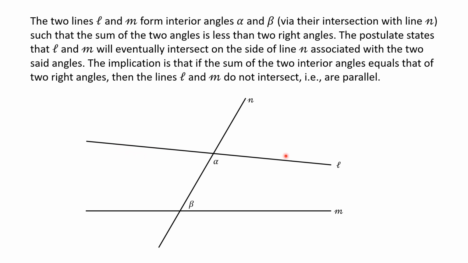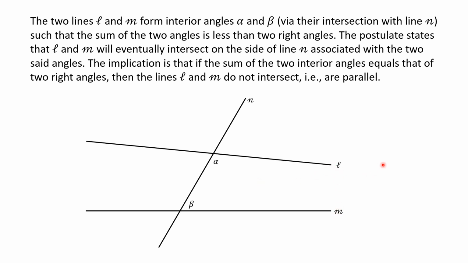So here's a picture of what I read off from the last page concerning Euclid's parallel postulate. These are the two lines, L and M, and then there's a third line, N, that intersects these two lines. He's saying if these two interior angles, alpha and beta, are less than 180 degrees, or in his words, less than two right angles, then the lines on this side, where these two angles add up to less than 180, will intersect.